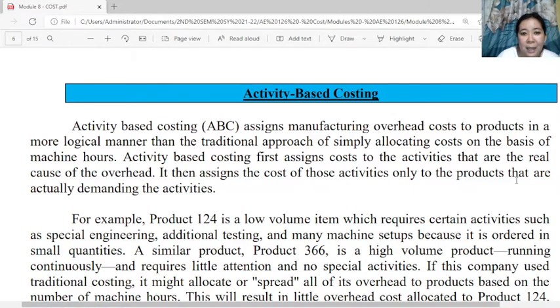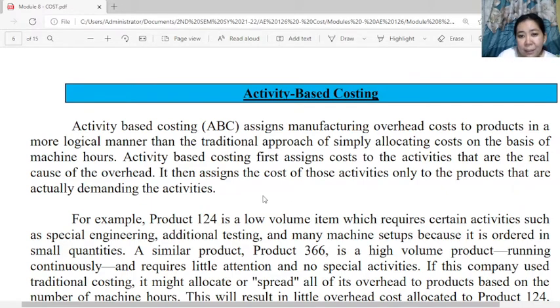So this is ABC. Basically, under this costing method, we will assign manufacturing overhead cost to products in a more logical manner than the traditional approach of simply allocating cost on the basis of machine hours, number of sales, and other allocation bases.